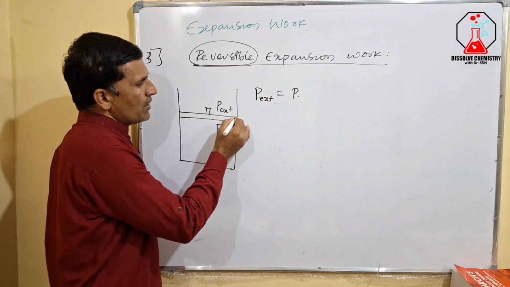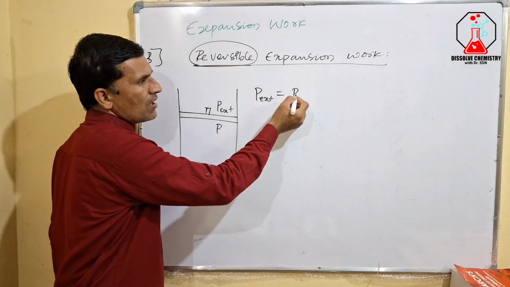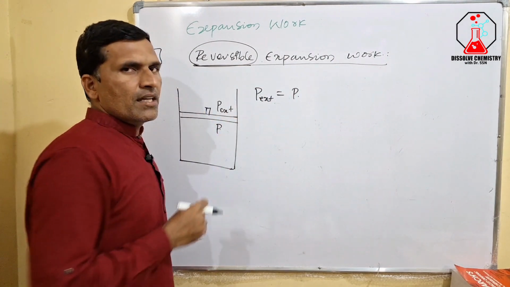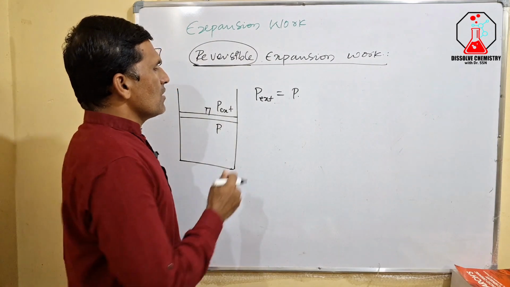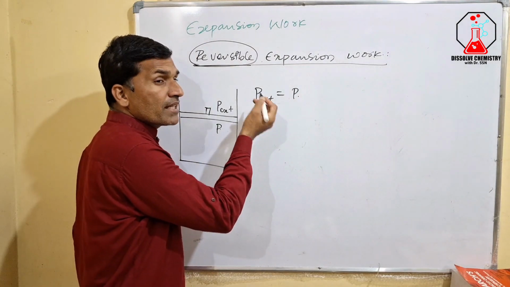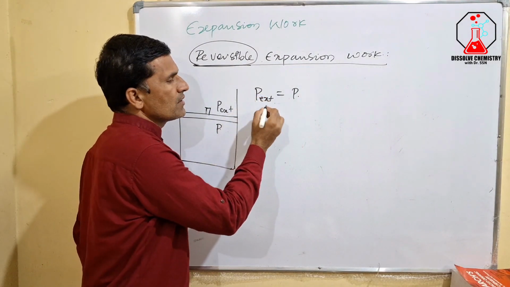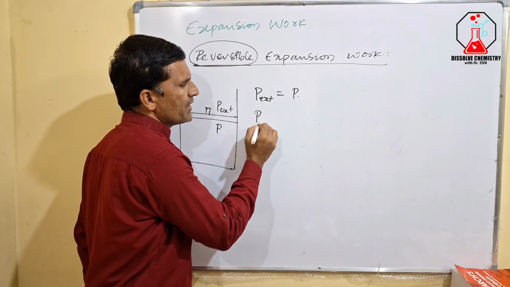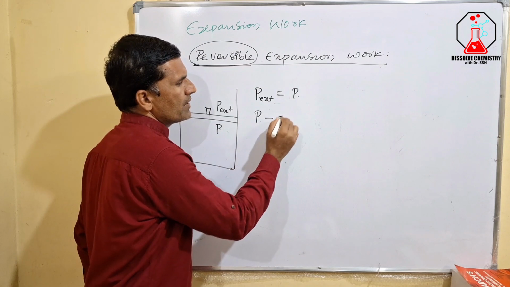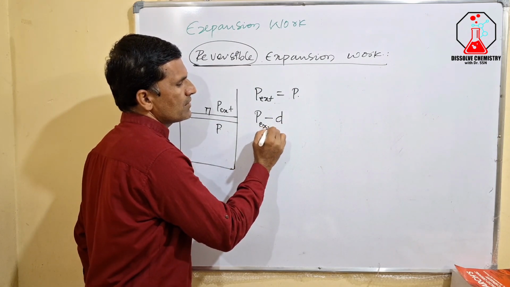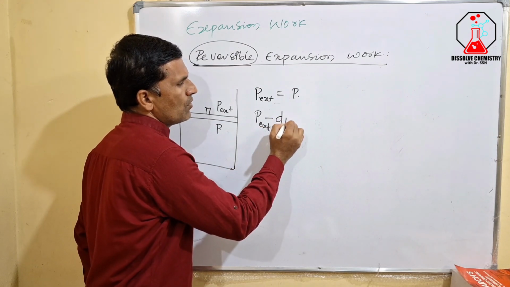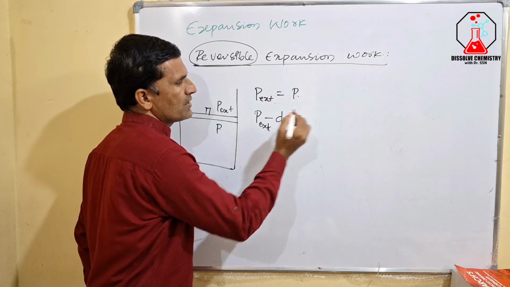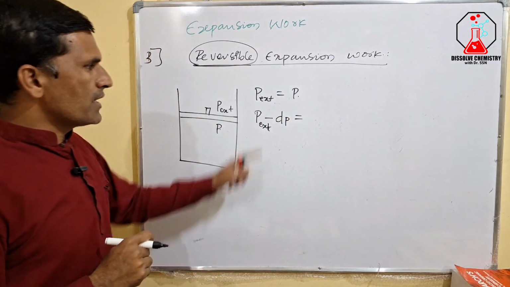Now say, for example, P external is almost equal to the internal pressure of the system. Now suppose P external does not remain constant, but is varied infinitesimally: P external minus dP, a small infinitesimal change in the external pressure.